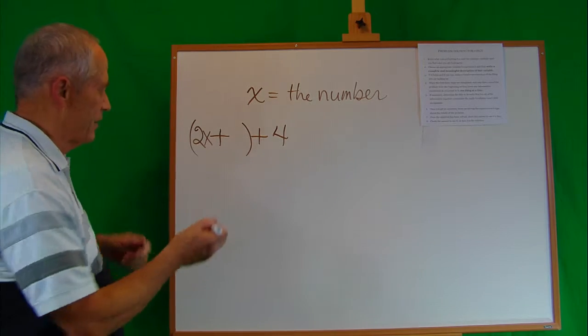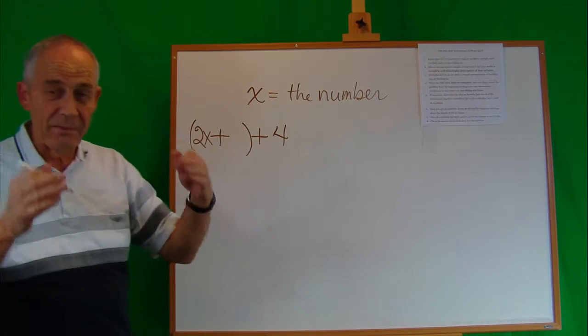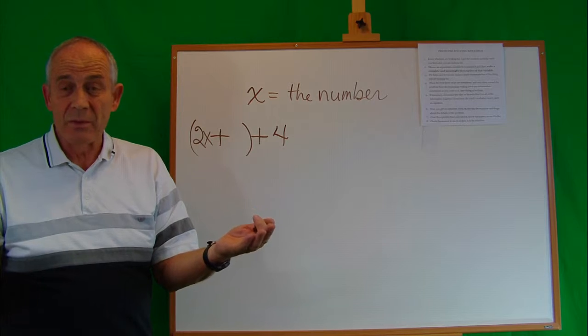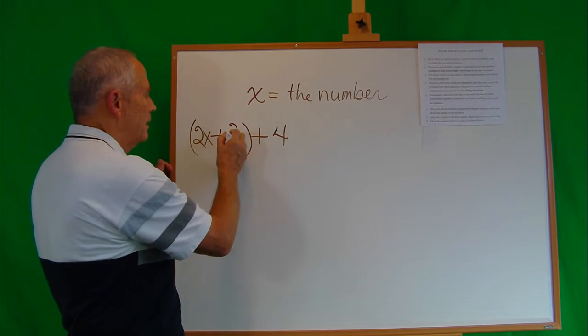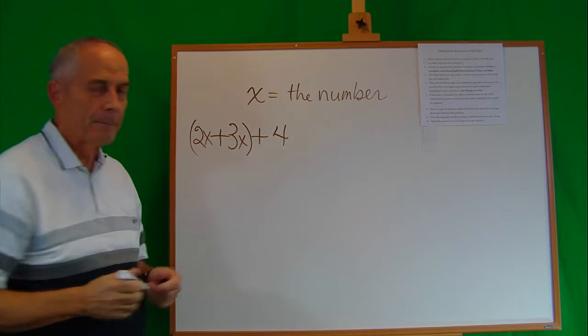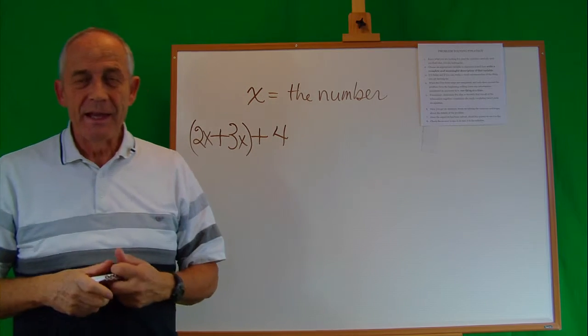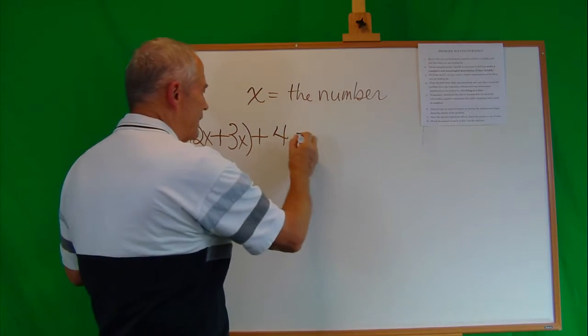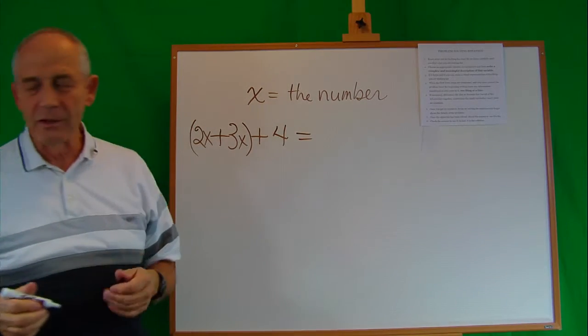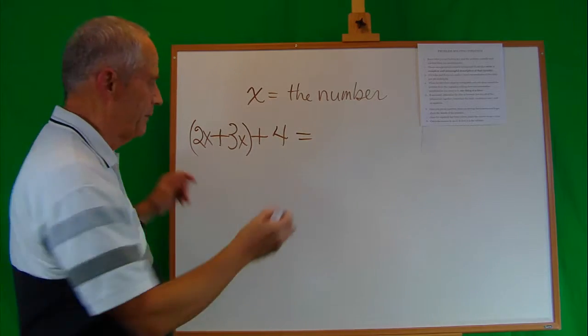Well, 3 times the number is okay again as long as I'm thinking, well, my number is x. Whatever it is, that's what it is. So I got to multiply that by 3. And then it says the result is, okay, there's my equal sign again, and the result in this problem is 34.